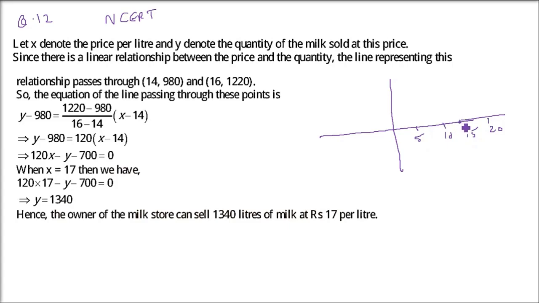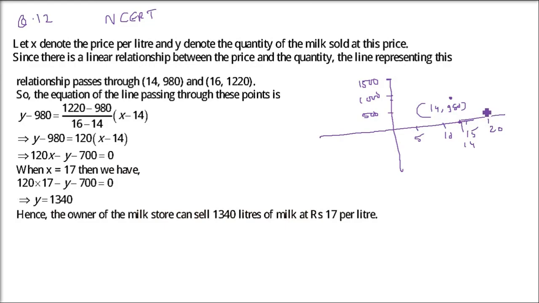Now if he is selling at 14 per liter, he can sell 980 liters. Let us divide the other axis as 500, 1000 and 1500. So at 14 you are going to get 980. So this is 14 and 980, the first point.